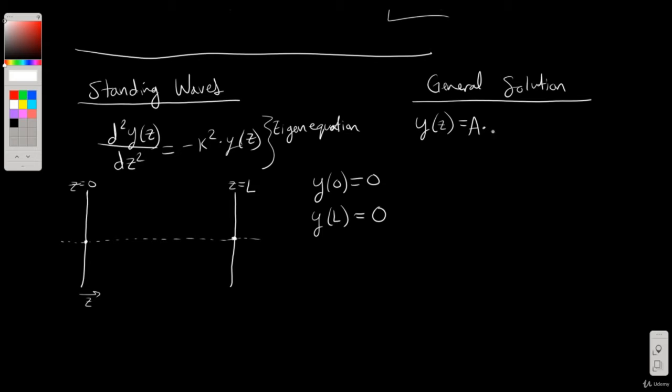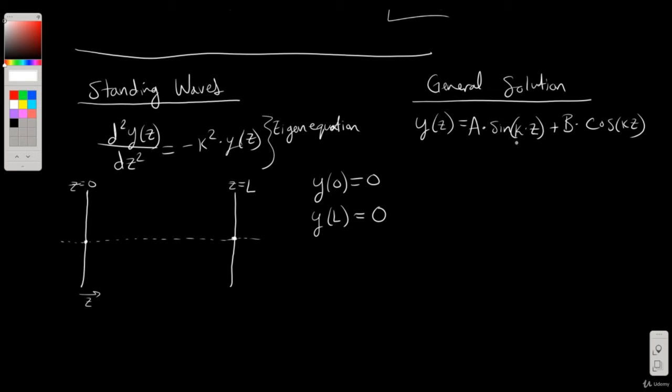We have some constant a, some amplitude factor, times the sine, the oscillatory factor, of kz, where k is our wave vector once again, which is simply 2 pi over our wavelength, plus b times the cosine of kz. What this says is I can describe really any given wave throughout space, presuming I have one particular wave vector k.